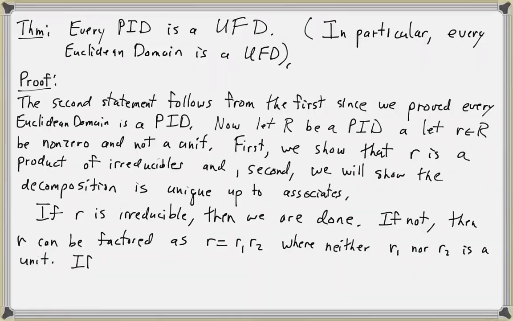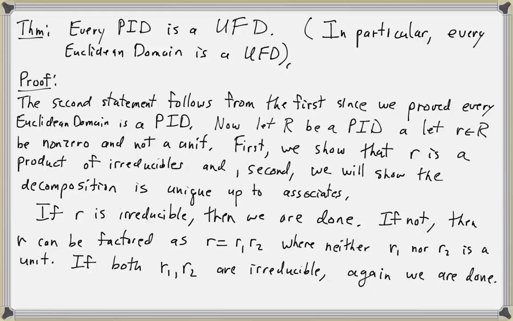So again, if both r1 and r2 are irreducible, and again, we are done. Otherwise, we know that at least one of these factors, r1 or r2, is reducible, and then we could continue this process of factoring.